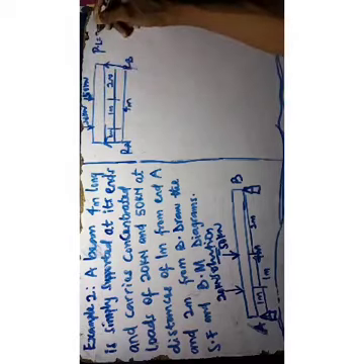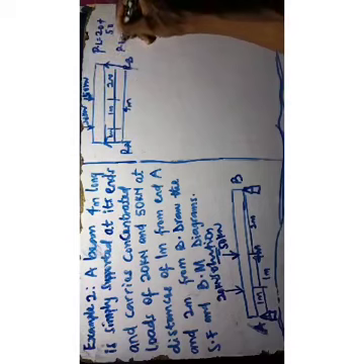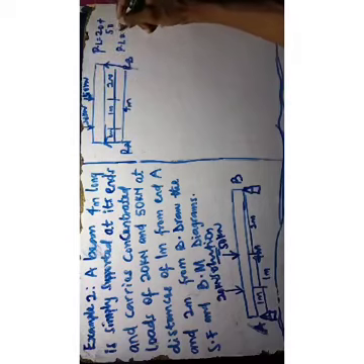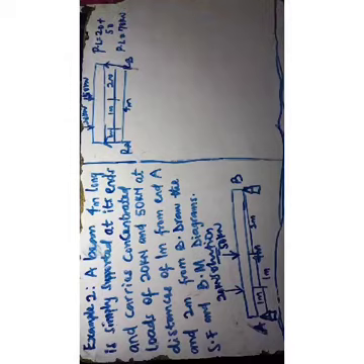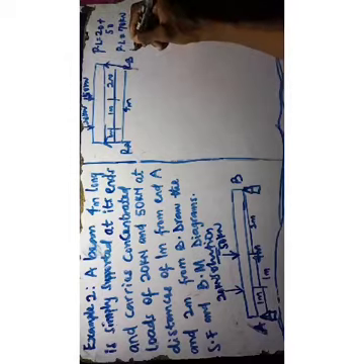So that will be 20 plus 50. So total point load will now be equal to what? 70 kilonewton. Okay.